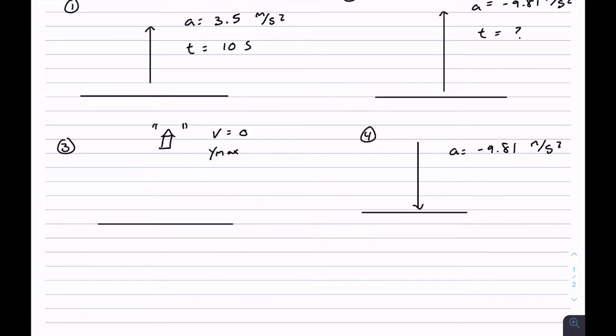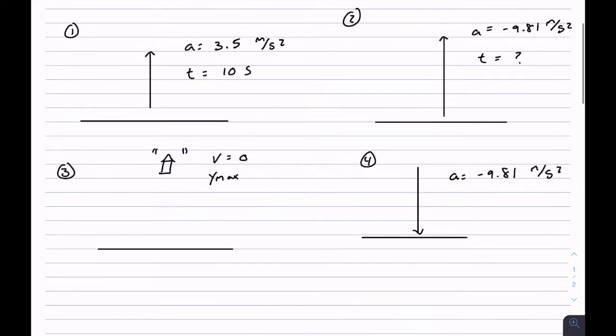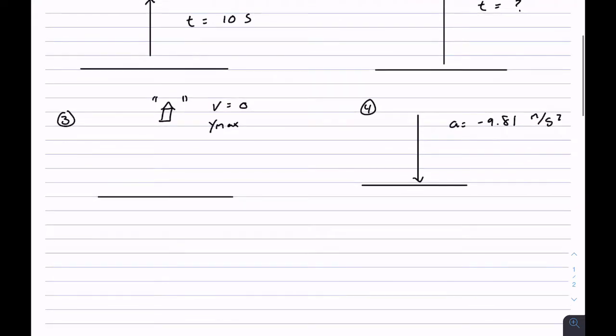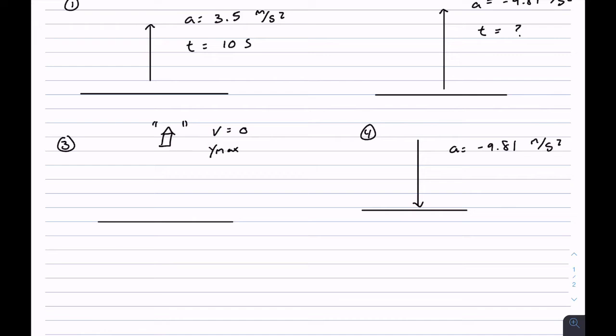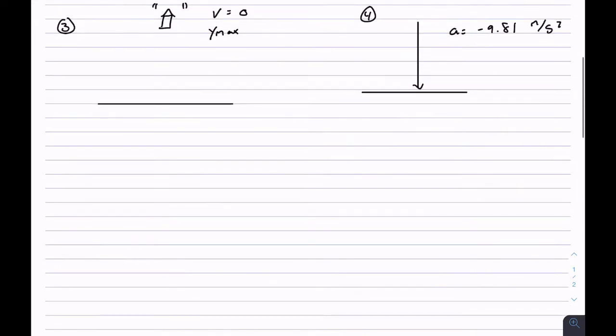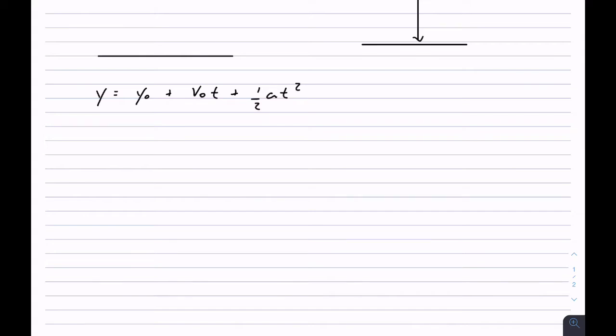So the first question says, what is the speed of the rocket and what is its height above the ground after 10 seconds? So pretty much we can just use the standard kinematic equations and plug it in for the first trip. So we have y equals y naught plus v naught times t plus 1/2 acceleration times time squared. We're told the rocket starts from the ground, so we can assume that y naught in this case is 0.